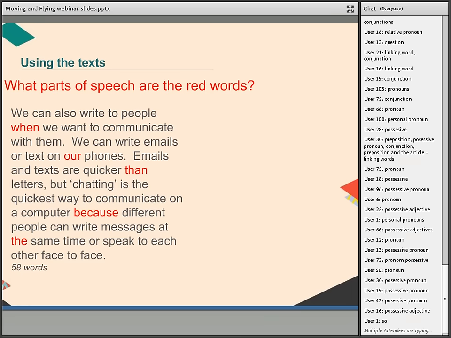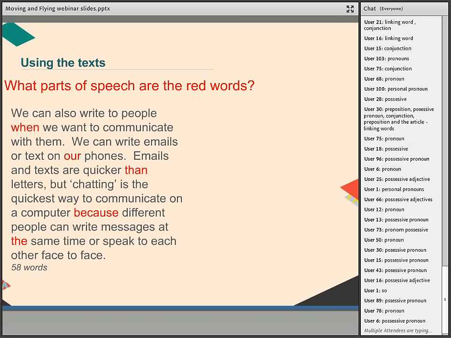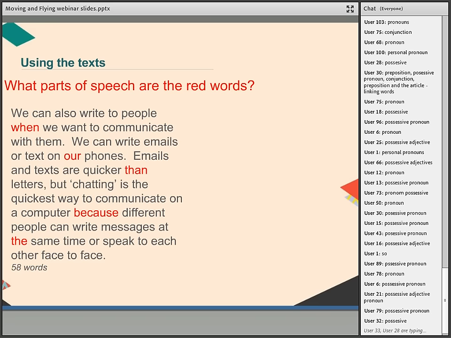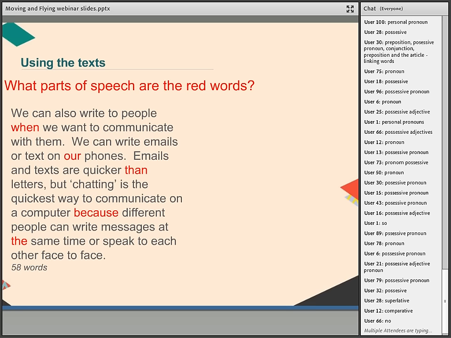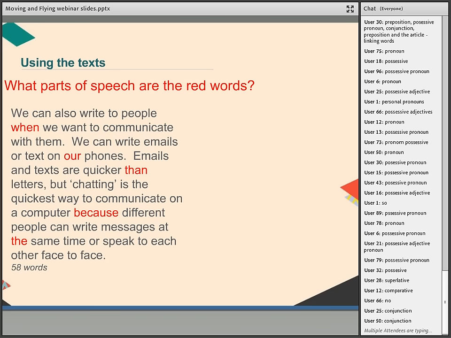Yeah, it's a possessive adjective in this case. With than, it's a preposition. Because is a conjunction. And the is a determiner. Okay, so I've chosen these 5 words from this text.